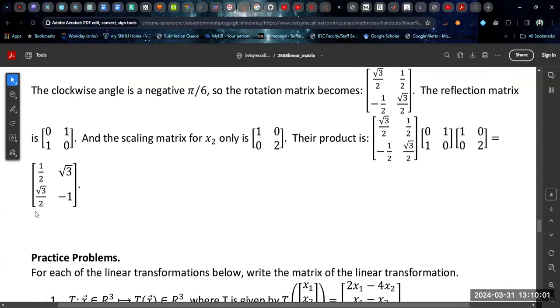But if you multiply them all together, then you get this composite matrix, and that will perform all of these transformations simultaneously. In some cases, you do need to be a little bit careful about the order that you multiply these transformations in, because, of course, matrix multiplication is not commutative. And so if you multiply in one direction versus the other, you may get a slightly different answer.